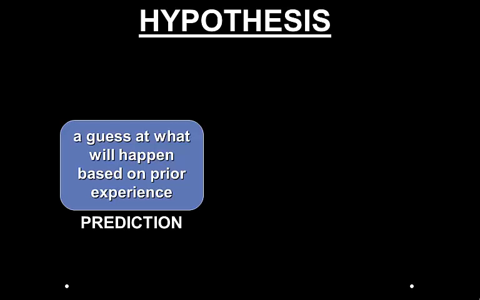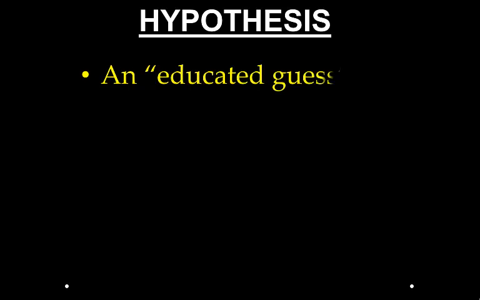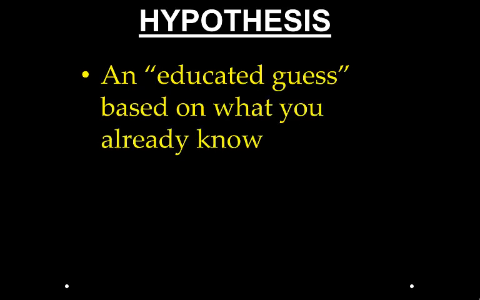The great thing about a question is that it yearns for an answer. The next step in the scientific method is to suggest a possible answer in the form of a hypothesis. A hypothesis is often called an educated guess because it almost always is formulated from research and what you already know about the topic.